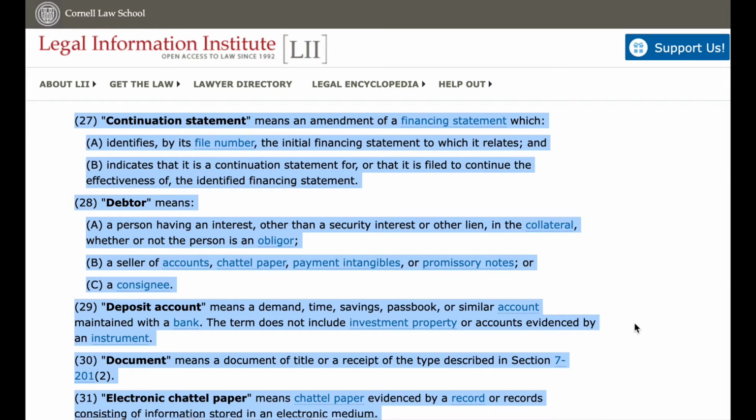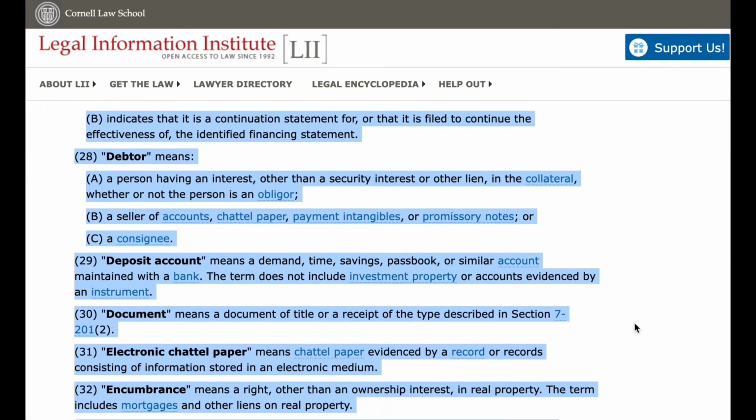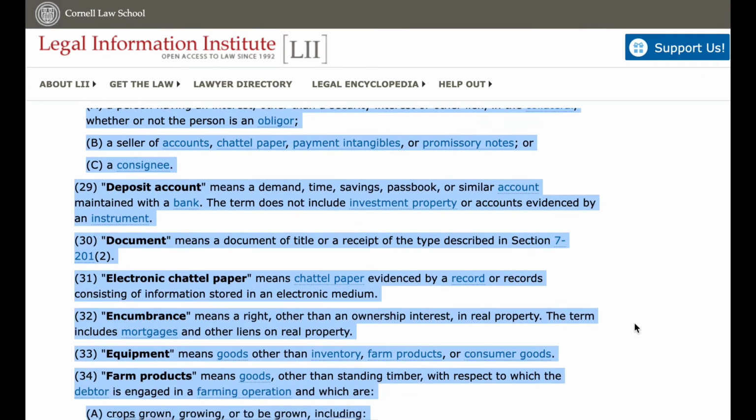Debtor means: a. a person having an interest, other than a security interest or other lien, in the collateral, whether or not the person is an obligor; b. a seller of accounts, chattel paper, payment intangibles, or promissory notes; or c. a consignee. 29. Deposit account means a demand, time, savings, passbook, or similar account maintained with a bank.